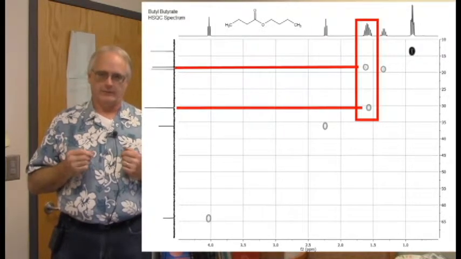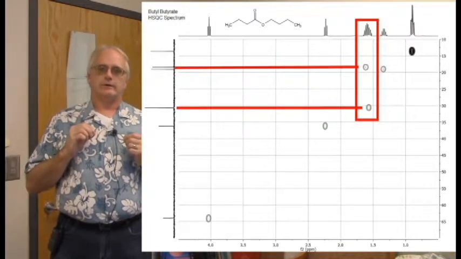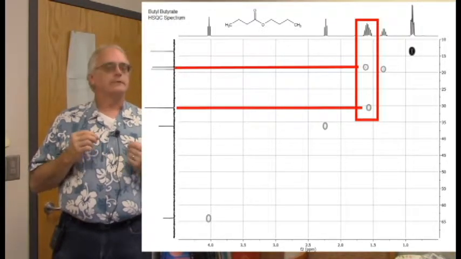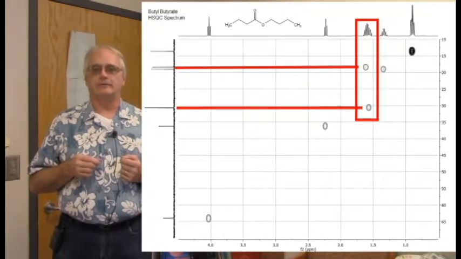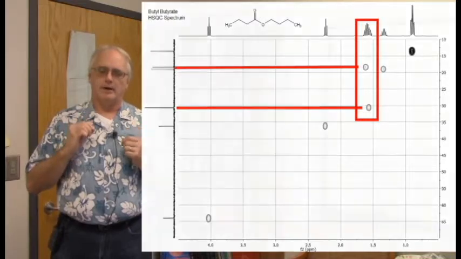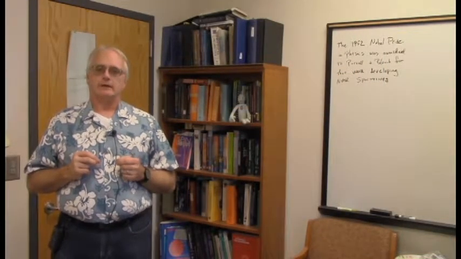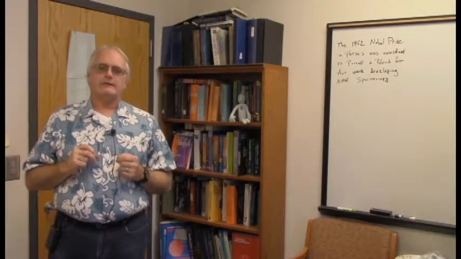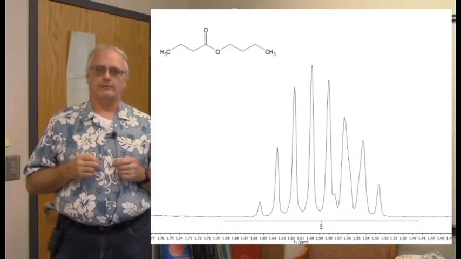It's not a textbook doublet or triplet or anything else. That is integrating to 4, 2 methylene groups overlapped. HSQC combined with DEPT 135 make that abundantly clear. And if we look at this particular signal, it does not have the textbook look of any classic doublet, triplet, quartet.